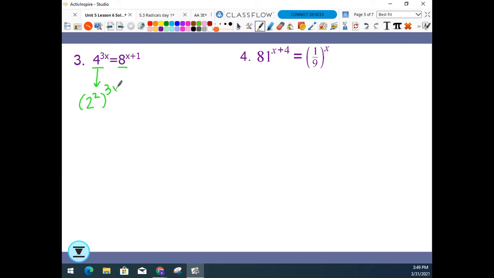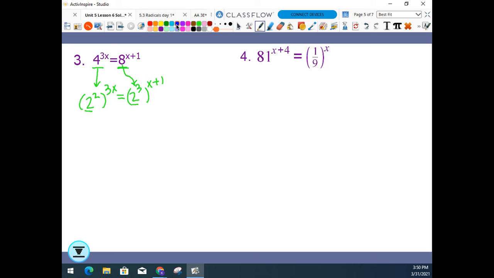Then I leave 3x on the outside exponent. Bring down your equal sign. I now replace 8 with 2 to the third power so that my bases match. So both the bases have to have an equivalency here, and then they have to match together. Then always keep the outside exponent.